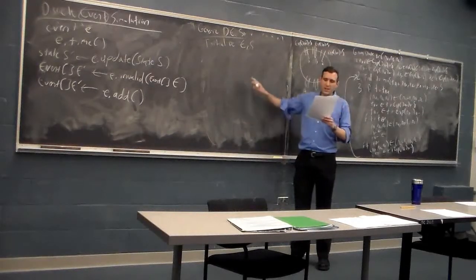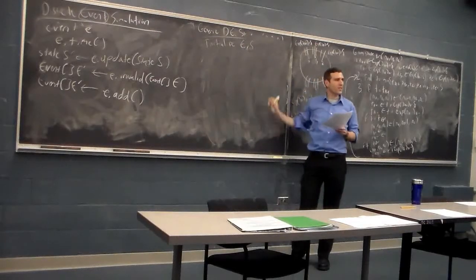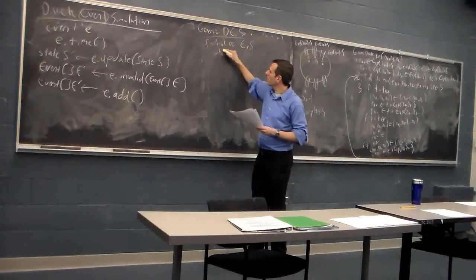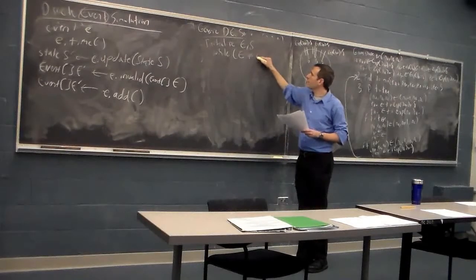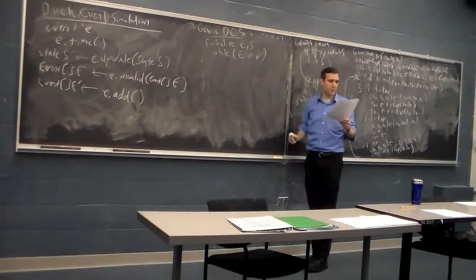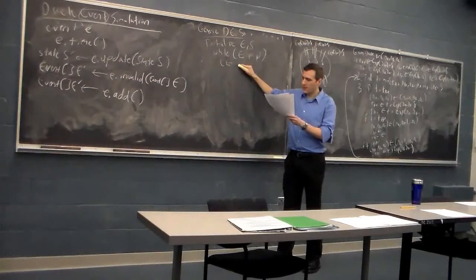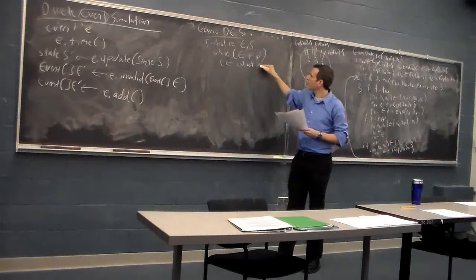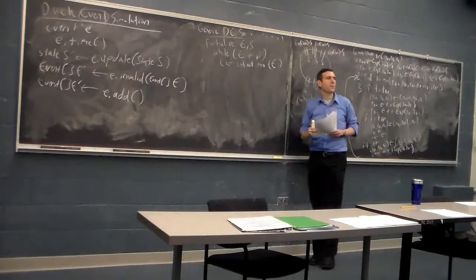Okay, so we need to come up with an initial event list and an initial state of our system, however we're going to define that. And then what we would do is, as long as we've got some event waiting to happen, so as long as the event list isn't empty, we get an E, which we derive by extracting the minimum time event from the event list.